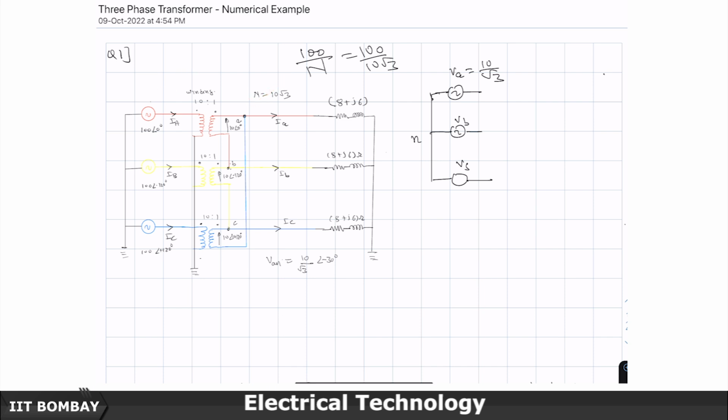So therefore this voltage will be lagging by an angle of minus 30 degrees.